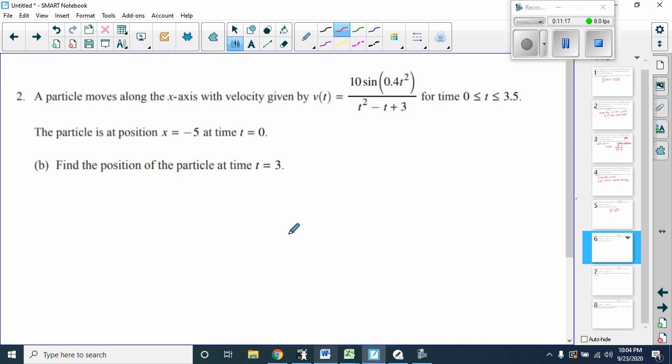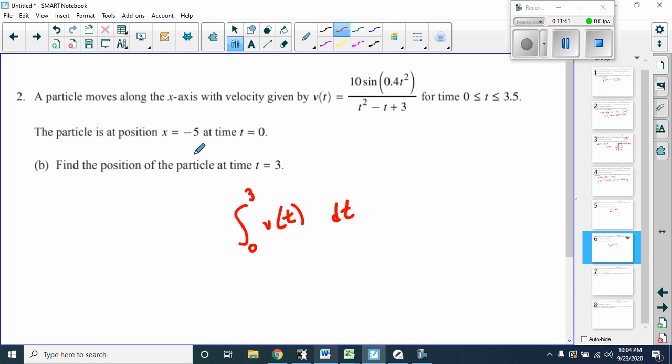Part B wants the position of the particle at time 3. So we're given a velocity, and to go to a position we want to integrate. If I integrate v of t dt starting at time 0 and ending at time 3, that will give us how much the position has changed from 0 to 3.